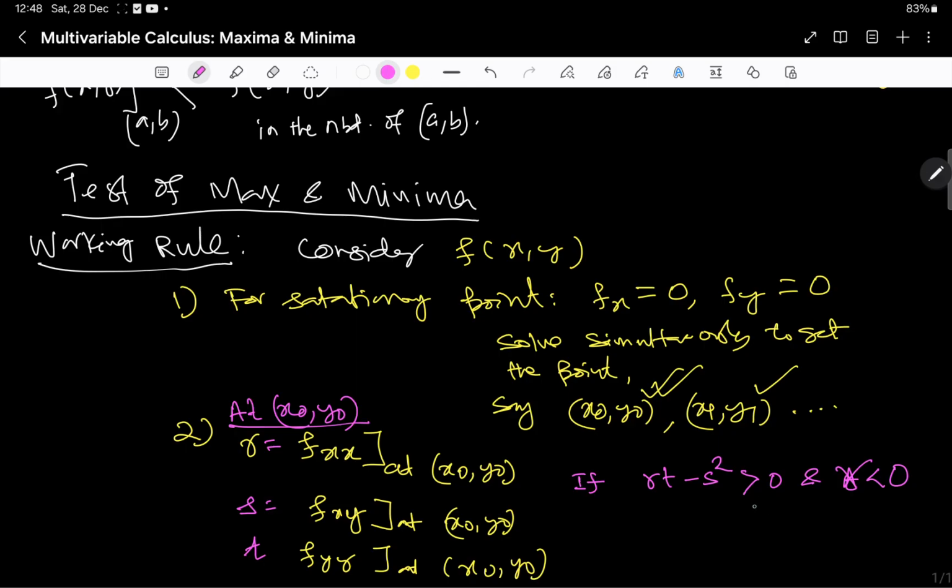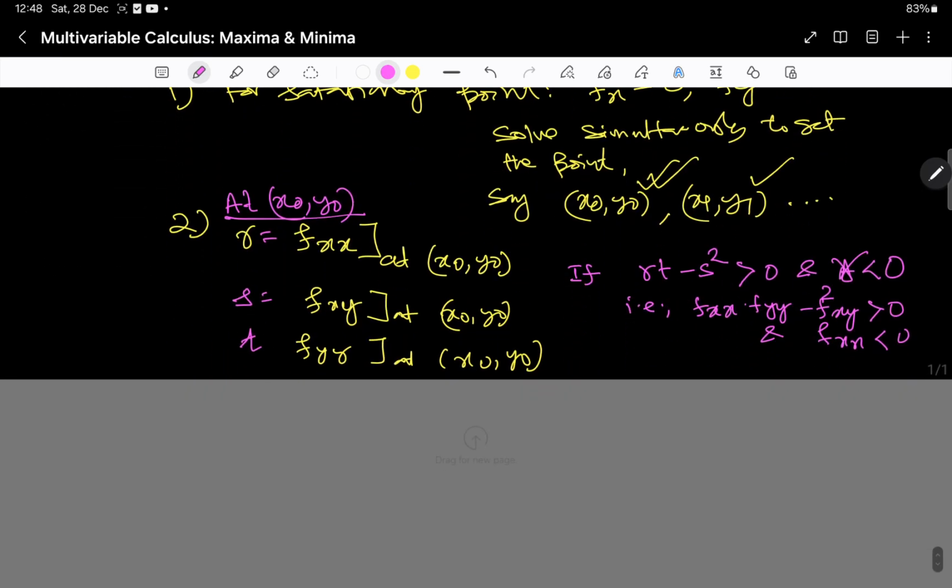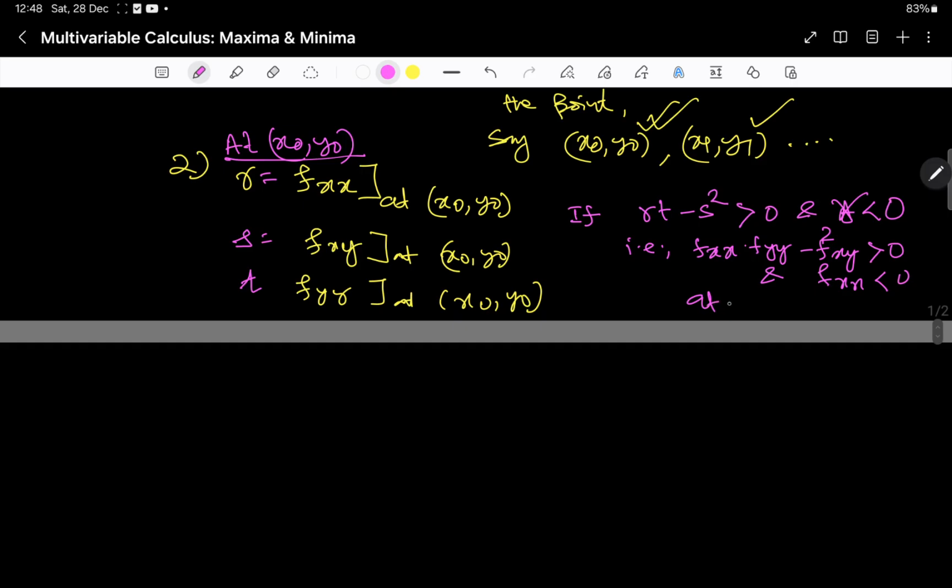It means that f_xx into f_yy minus f_xy square is positive and f_xx is negative at this point x0 y0. It means it is a point of maxima. It is a point of maxima there, right?